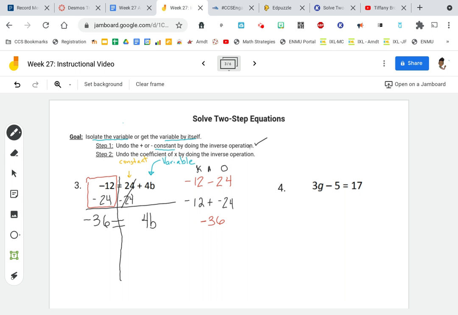Check. Okay. Now I need to undo the coefficients by doing the inverse operation. Well, here's the deal. Remember, the coefficient is the number that's multiplying the variable. I know I have an x, but it doesn't have to be an x. It could be any variable. This 4 is the coefficient.